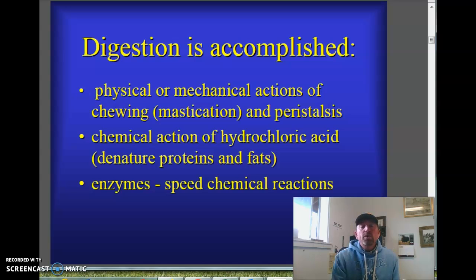We also work with chemical actions from our enzymes, like protease and lipase and carbohydrases. We have hydrochloric acid that denatures and breaks down feeds in the stomach. All of these things work together to break the feeds down so that we can get them into simple sugars or amino acids so we can use them.